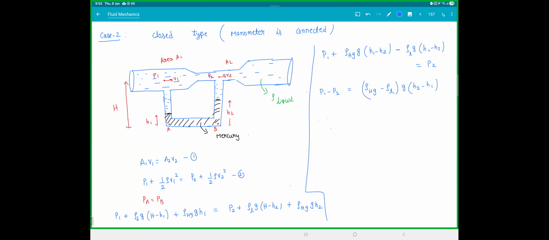But what is P1 minus P2? That will be half rho (V2 square minus V1 square), equal to (rho mercury minus rho liquid) G (H2 minus H1). And from the equation of continuity, you can substitute here. This would be half rho liquid V2 square (1 minus A2 square V2 square by V1 square).